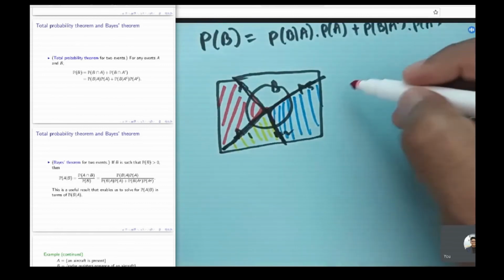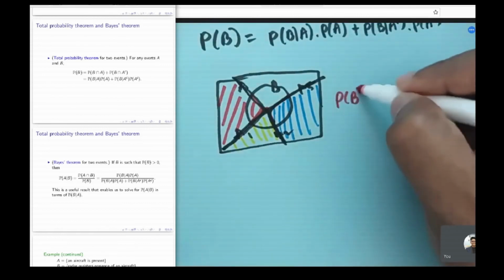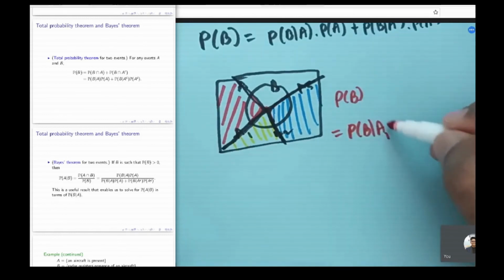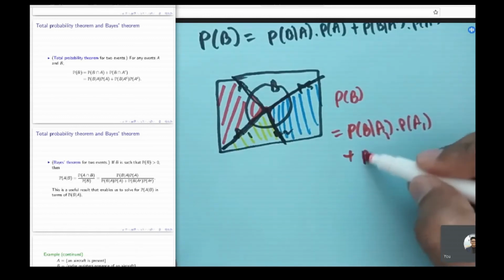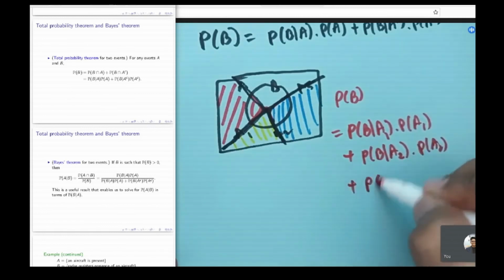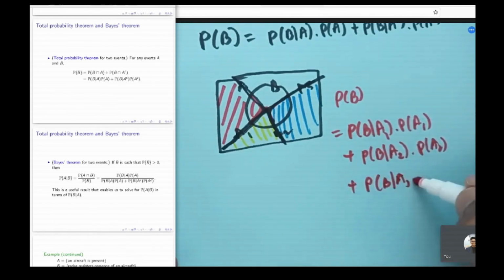So the probability of B is going to be the probability of B given A1 times P(A1), plus the probability of B given A2 times P(A2), plus the probability of B given A3 times P(A3), right?